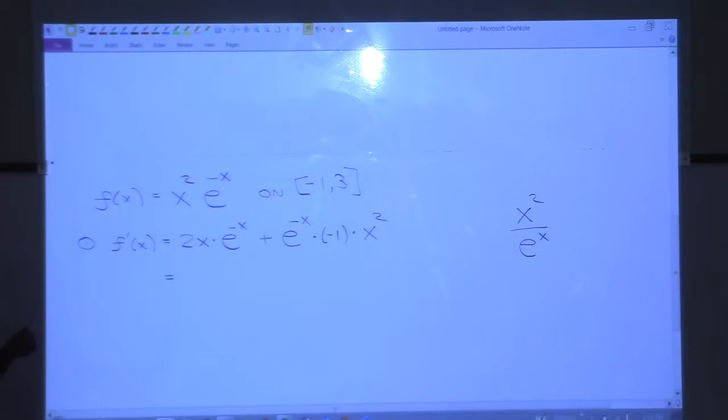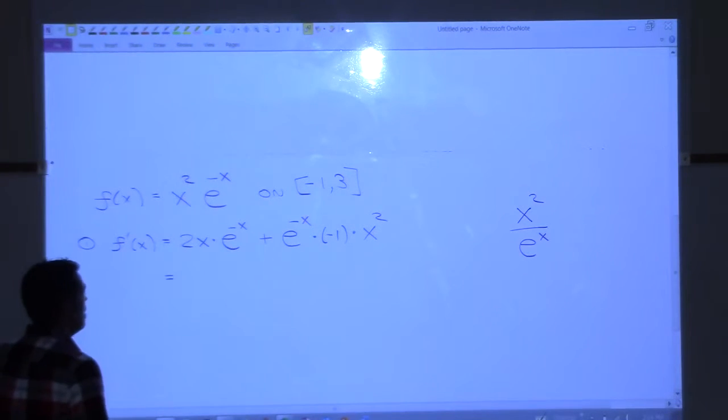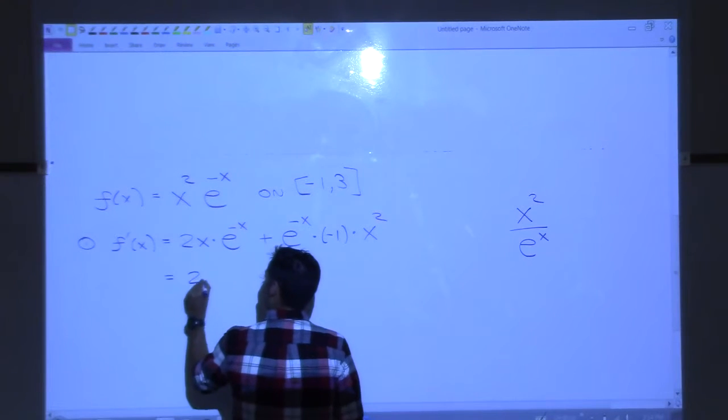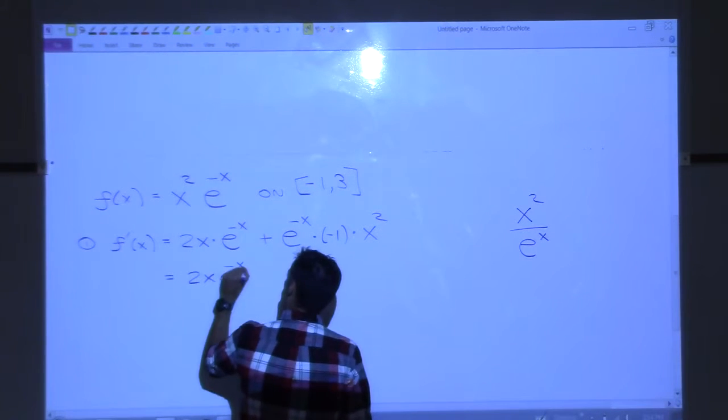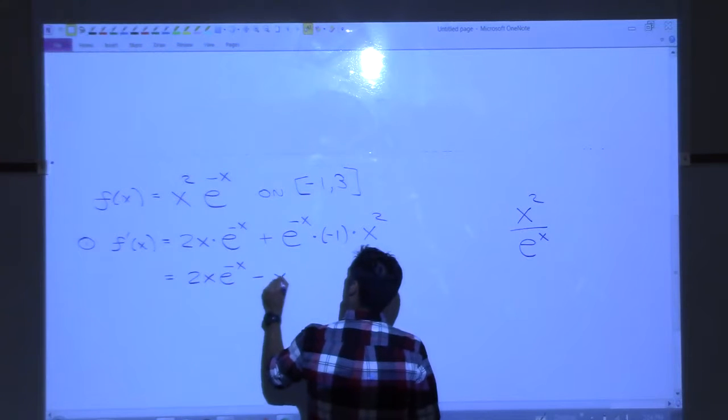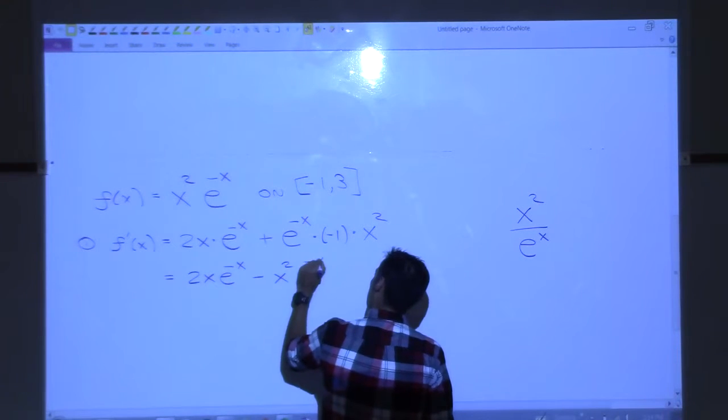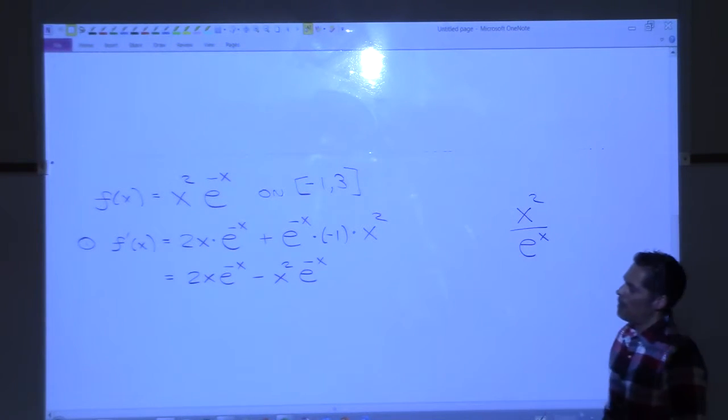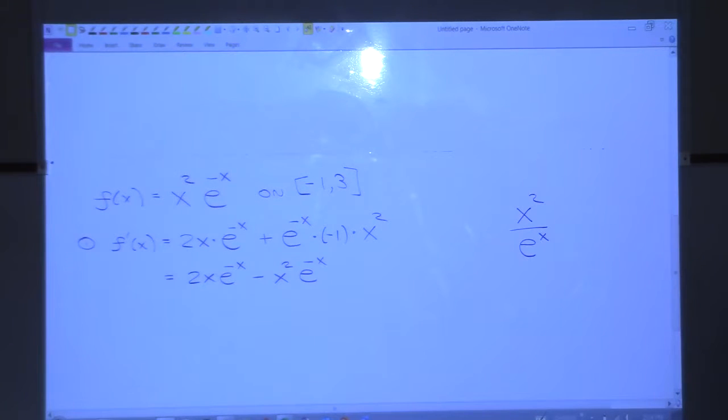If you mess up the first derivative, of course your second derivative is done then, right? Okay, so now let me just clean this: 2x e to the negative x minus x squared e to the negative x. Is that right? Yeah? That's actually not as bad as it looks because we're going to need to set that equal to 0 now.